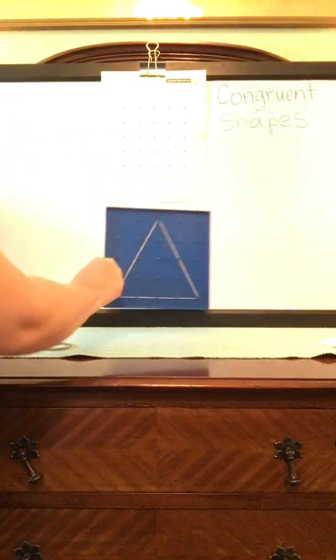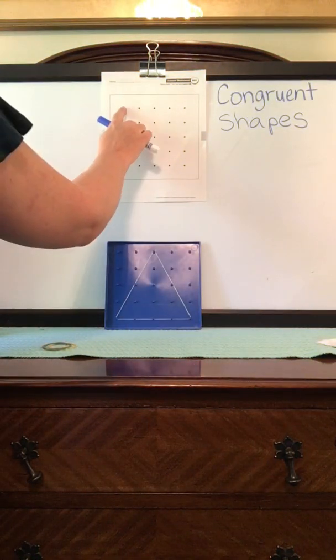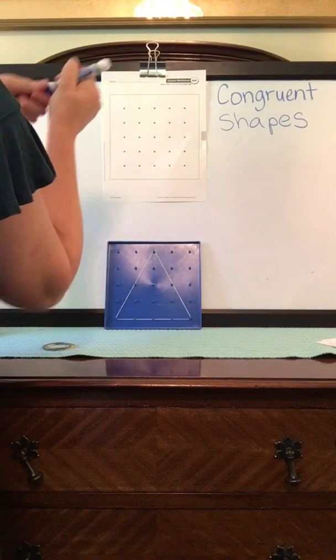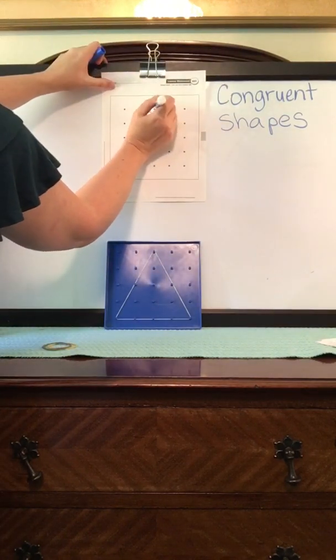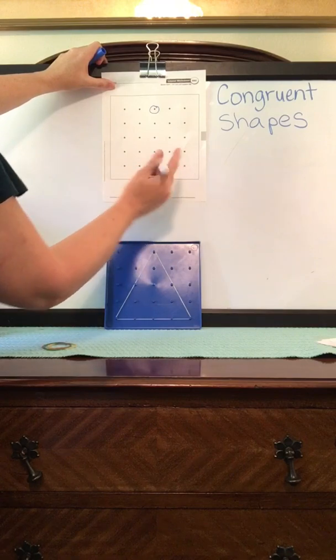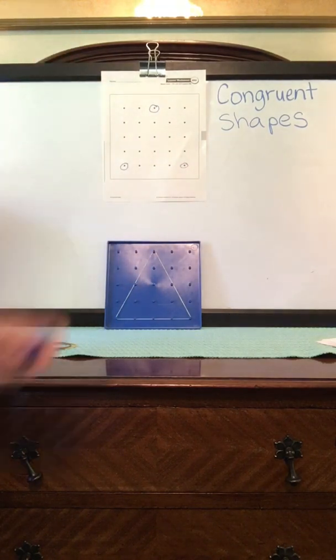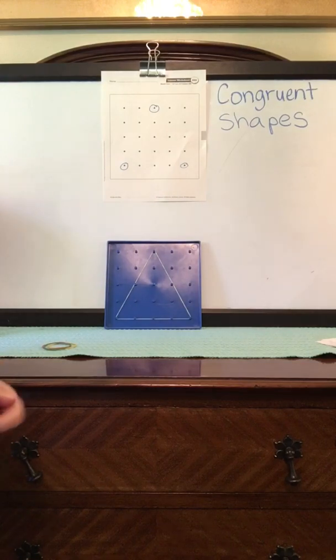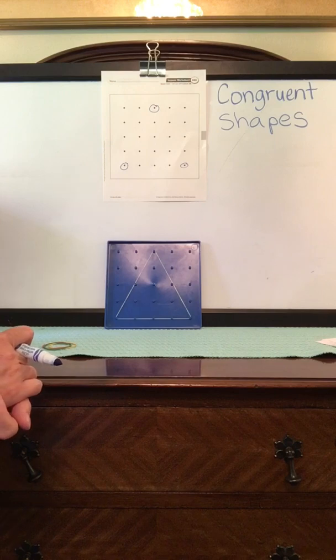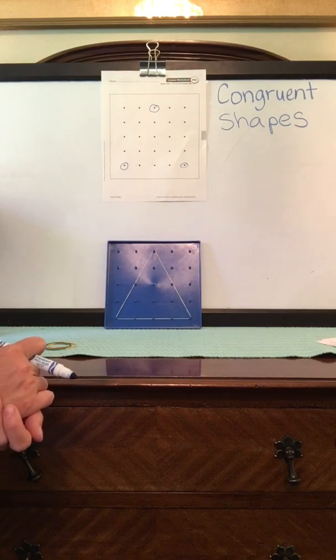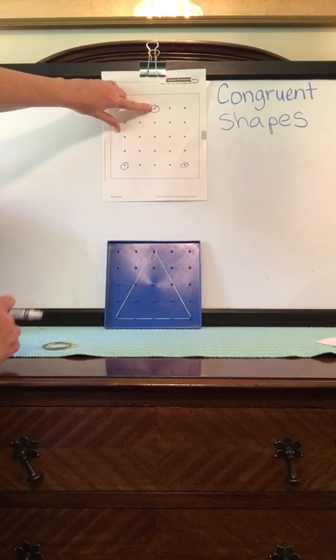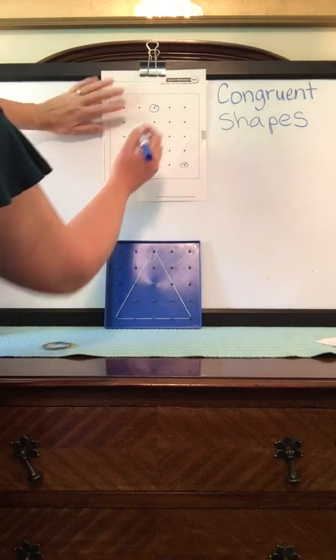I'm going to do the same on mine. 1, 2, 3. Circle. And then the bottom left and the bottom right. Circle and circle. Now, if you have a ruler handy, you can use a ruler. I don't have a ruler handy, but I want you to draw line segments from the top middle to the bottom left.